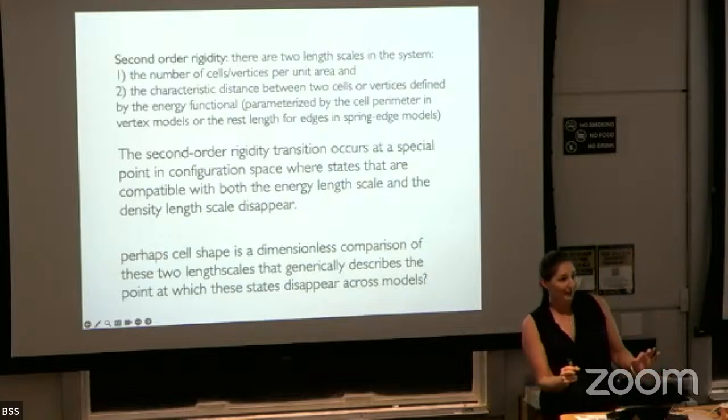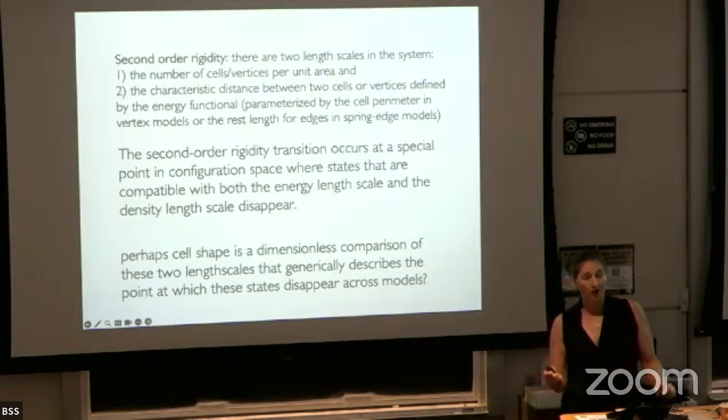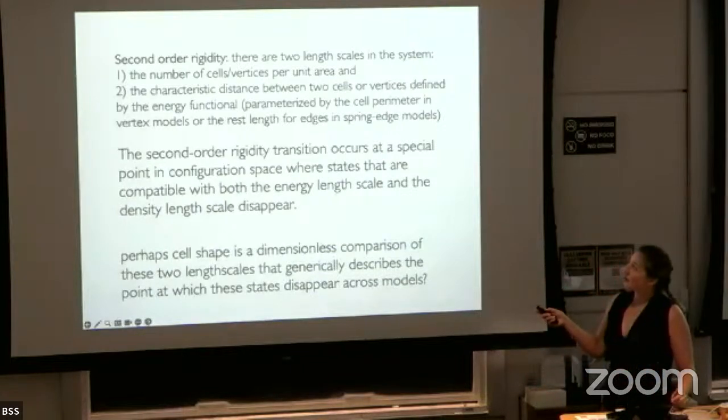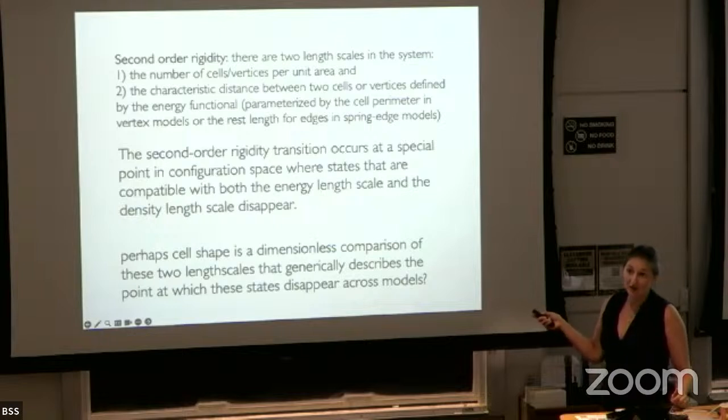The cool thing about second order rigidity is it's not topology, it's only geometry. So if I have a geometry that's specified by the number of cells in the box, and it's not commensurate with the geometry stated by my energy functional, which is like L naught, then I can't make them both happy at the same time and I cross the critical manifold. That's one way of framing what's happening.